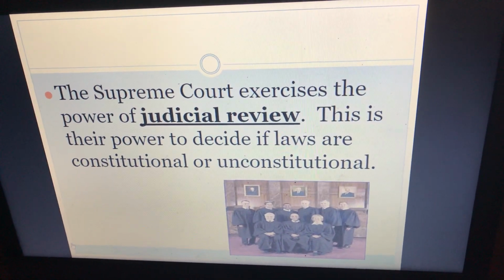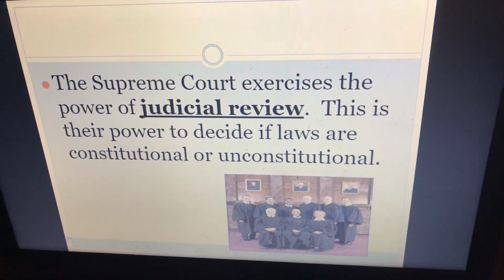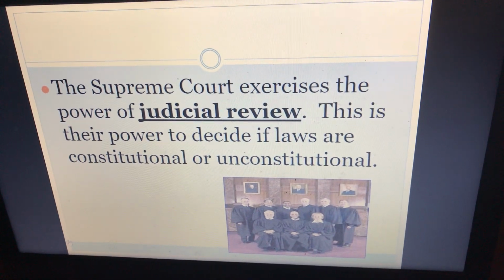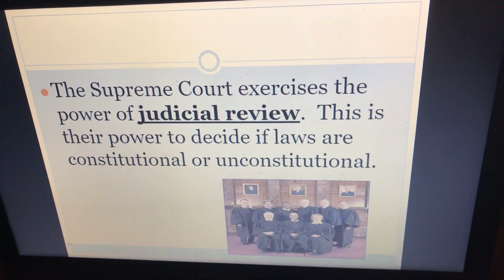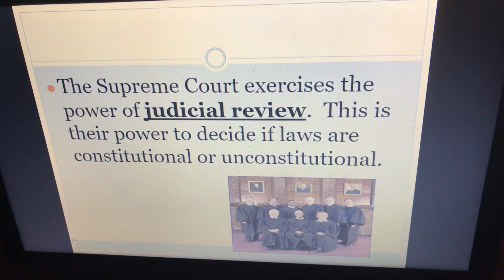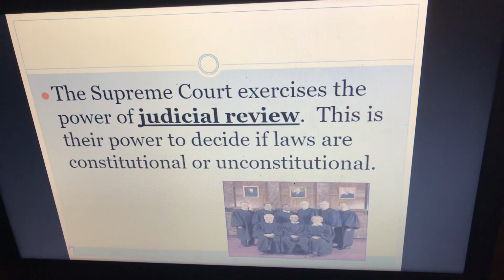And what this does is it allows the Supreme Court to decide if the laws that the legislative branch makes and that the executive branch is enforcing, whether or not those laws abide by the Constitution. If they do abide by the Constitution, then the Supreme Court will declare that those laws are constitutional.